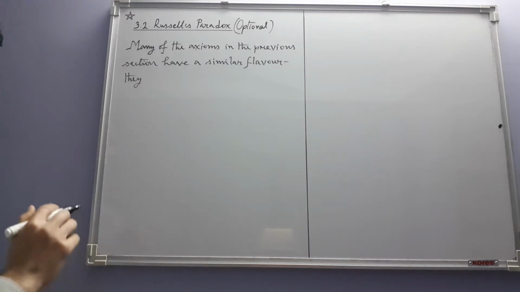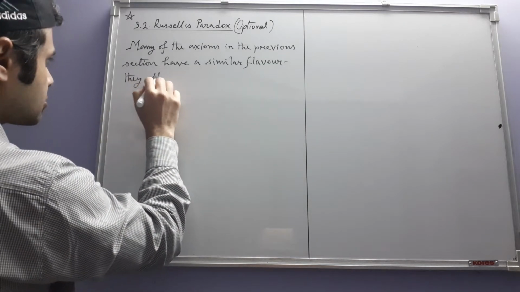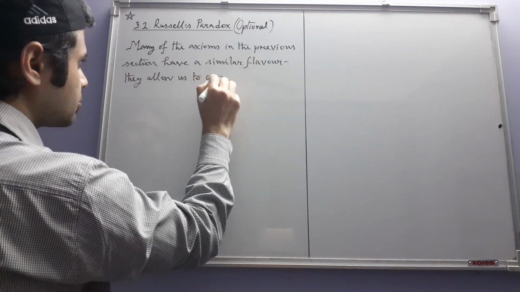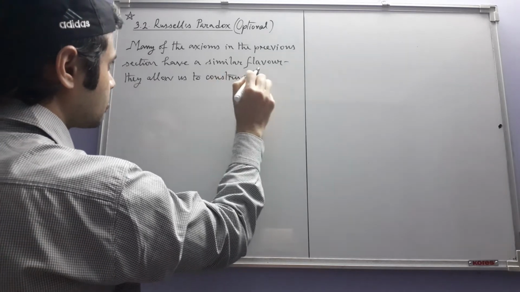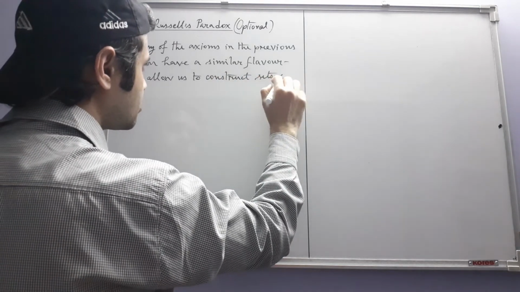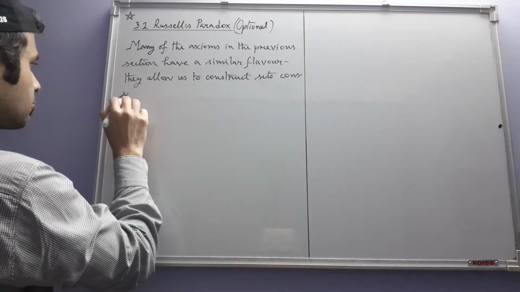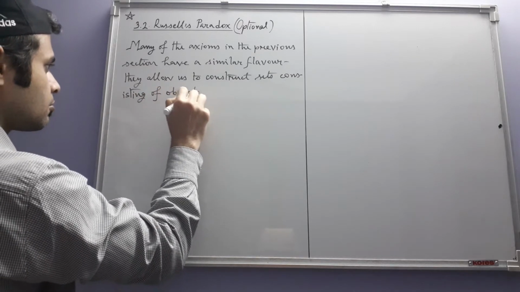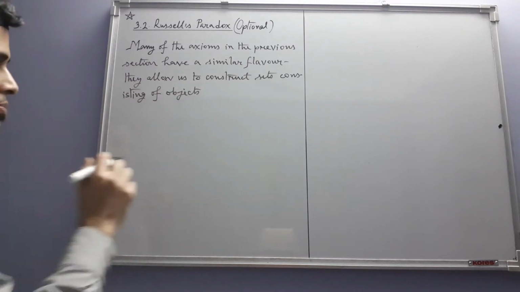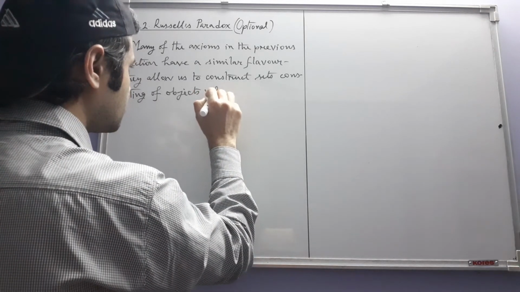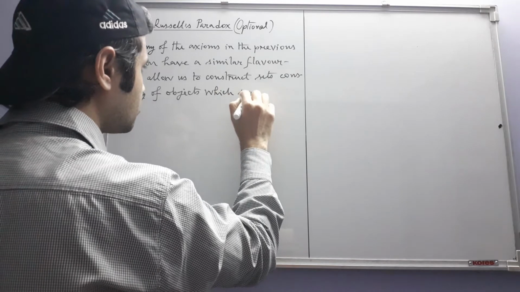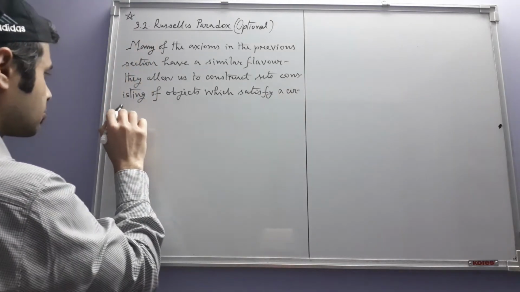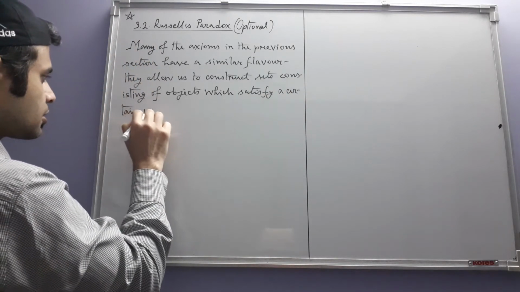In what sense do they have a similar flavor? They allow us to construct sets consisting of objects which satisfy a certain property.